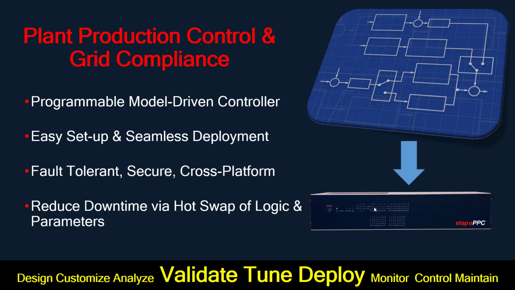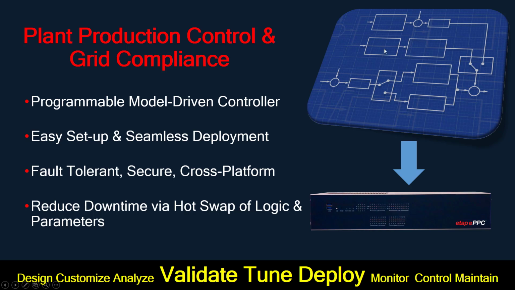So now that we've looked at the electrical one-line diagram and the controller logic working together hand in hand in a closed-loop environment, providing functions such as active power control and reactive power control, we can then take that entire logic, including the parameterization of the velocity limiters, the rate limiters, and of course the PID control system, and take that entire programmable controller logic and deploy it into the ETAP power plant controller hardware.